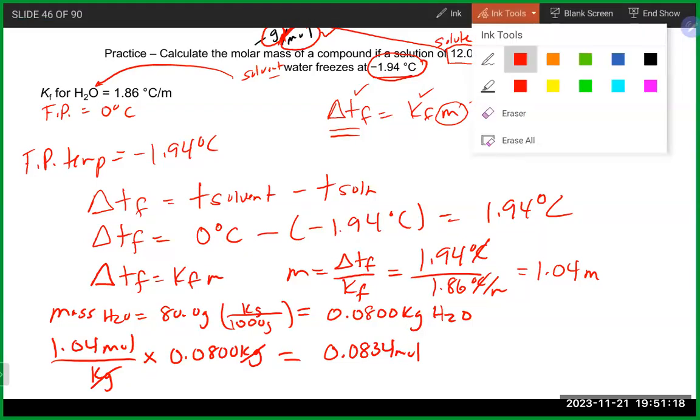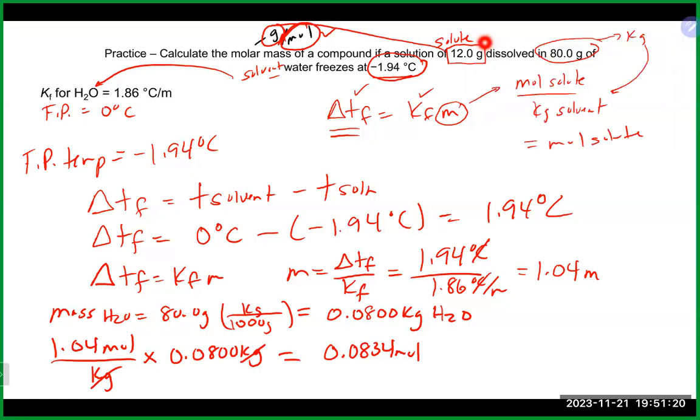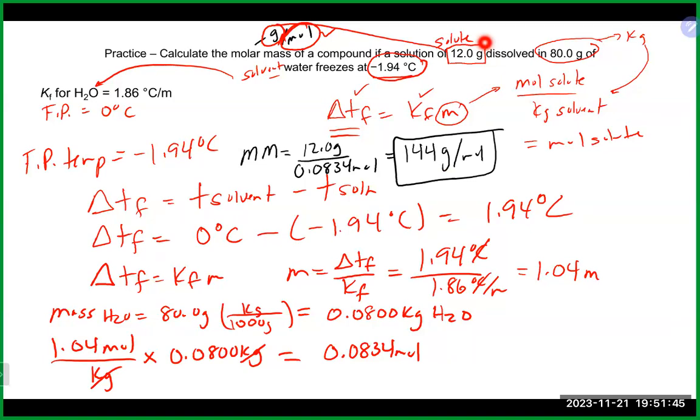That means all that's left is to divide. So let's do that. Our molar mass will equal the grams, which was given to us as 12 grams, divided by our moles, 0.0834. If we do that, 12 divided by 0.0834, looks like 144 grams per mole would be our molar mass.